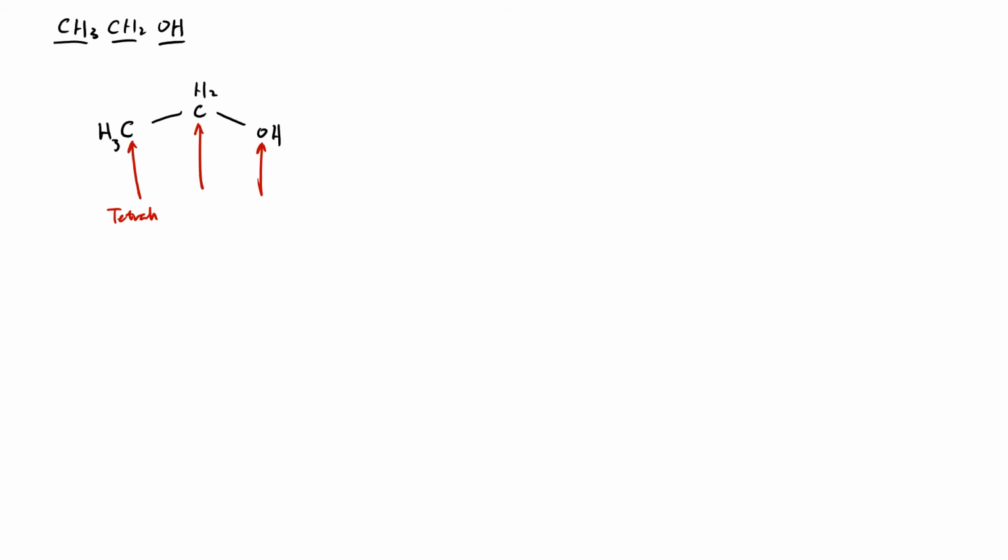So still 4 bonds, no non-bonding groups. So still tetrahedral. For the last one, this oxygen has 2 lone pairs. So it's 4 electron groups and 2 non-bonding electron groups. So it is bent.